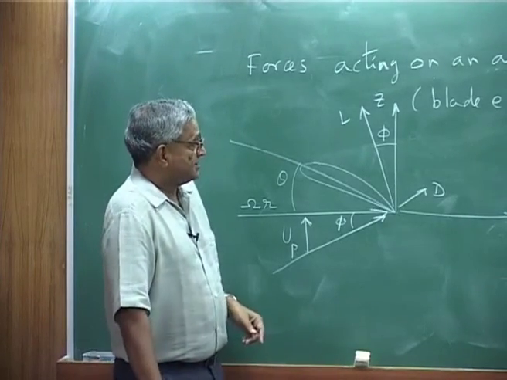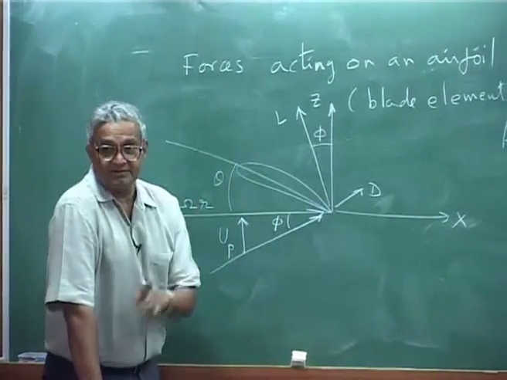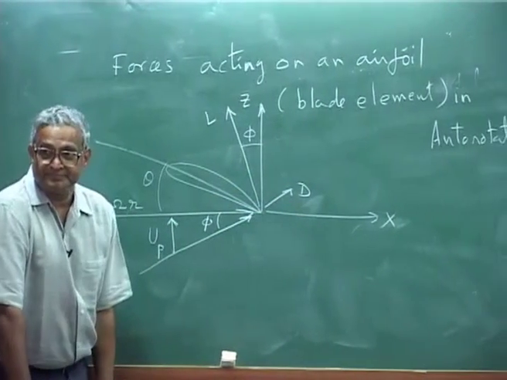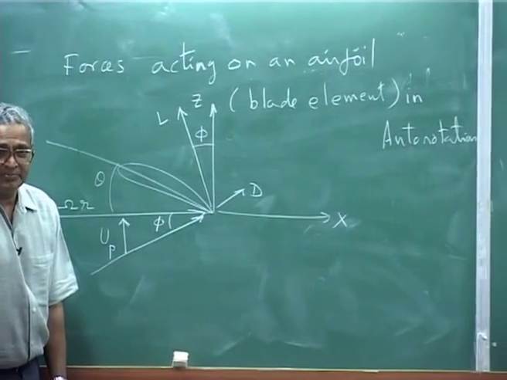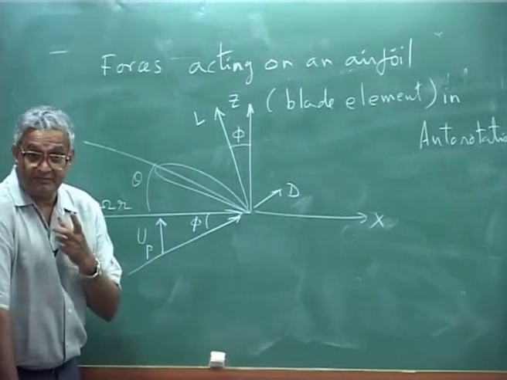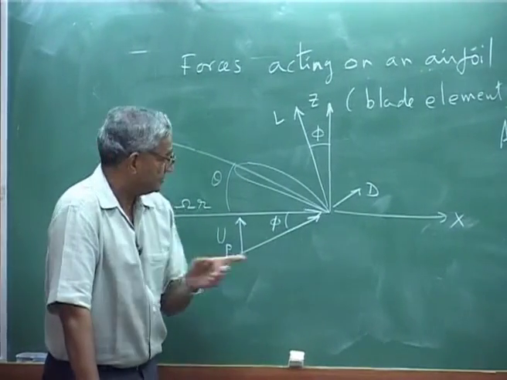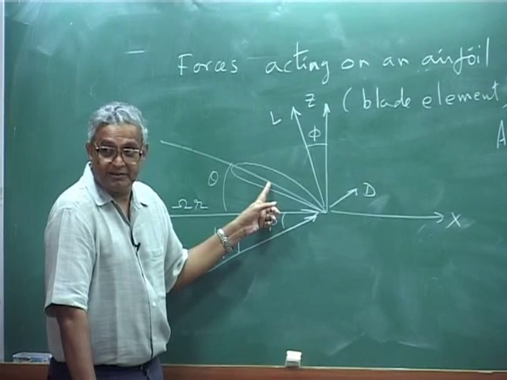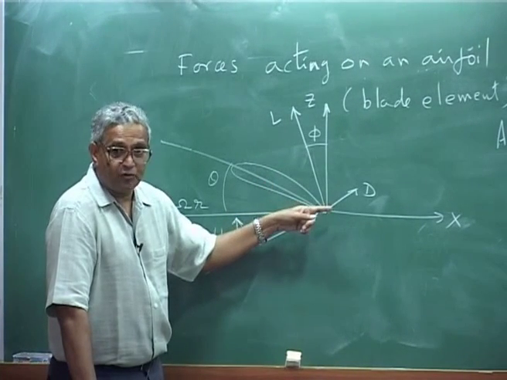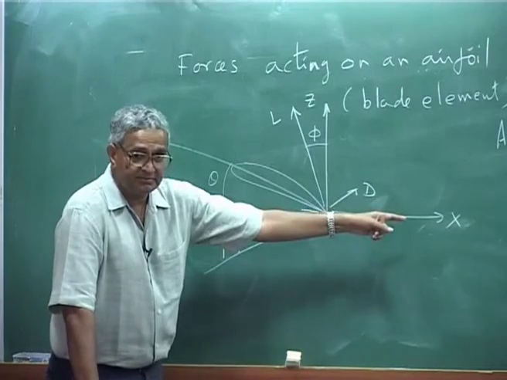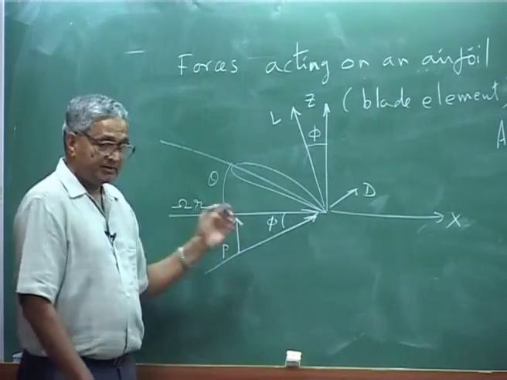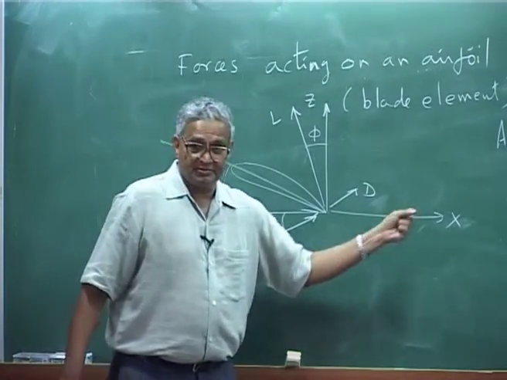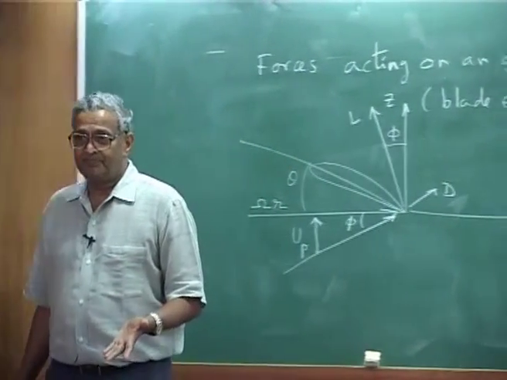Now, what will happen if Fx is positive? Because there is no power given to the blade and you are having a force in the x direction, the airfoil is moving like this, but you have a force, so it will try to stop.